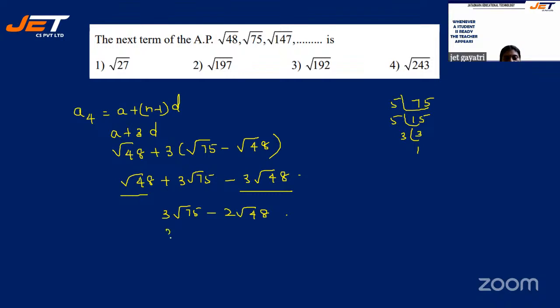You can write it as 3 into root of 5 square into 3 minus 2 into root of 48.